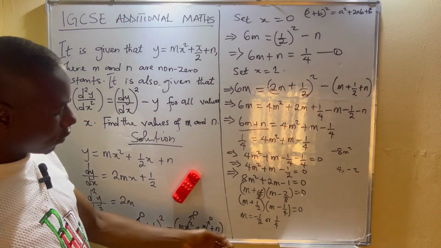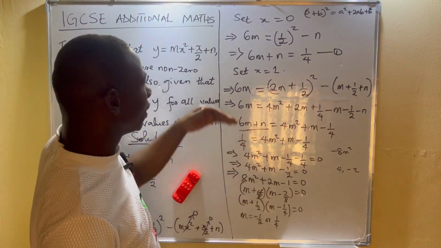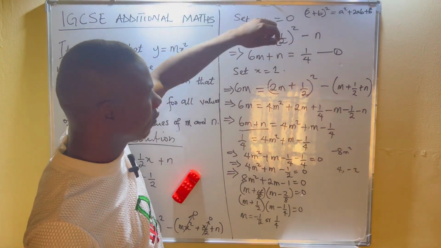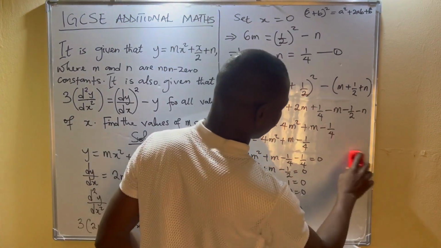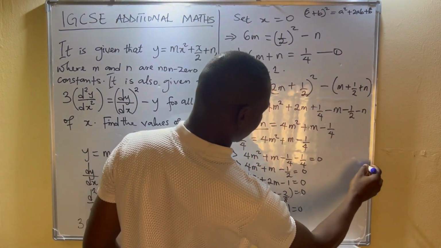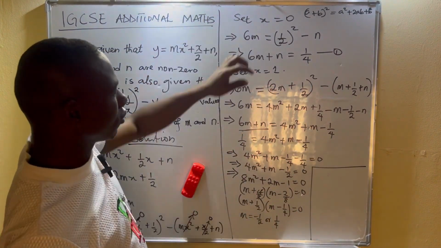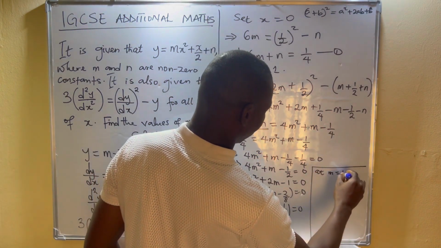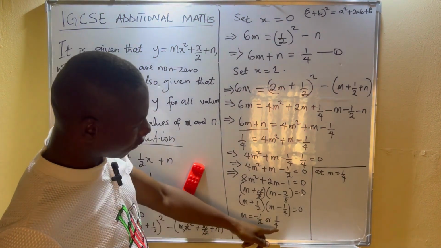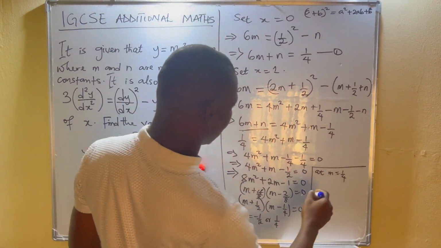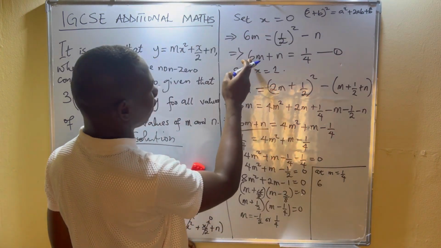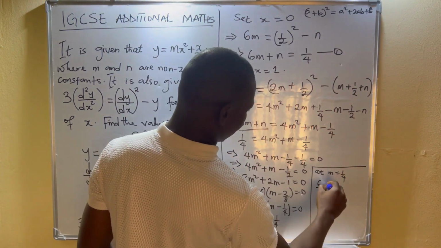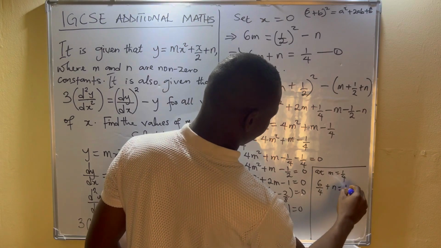Okay, so from here now, we have gotten two values for m. Let's go back to equation 1 and substitute to get the values for n. So here, if I substitute in equation 1, at m equal to 1 over 4, I have that 6 times m will give me 6 over 4 plus n will give me 1 over 4.